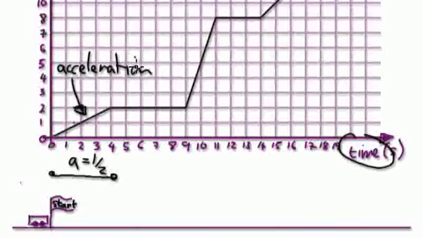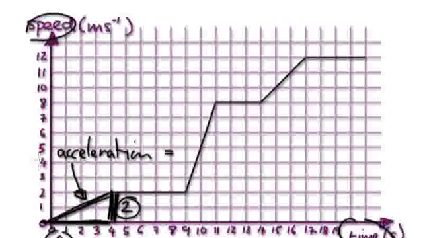Now look at this. We've just established that acceleration equals the gradient of this line. Now, how did we work out the gradient? We got the height divided by the across, if you like. So the height here is 2. The across here is 4. So the gradient is 2 divided by 4. Now let's look at the unit. The height here, we are talking about speed.